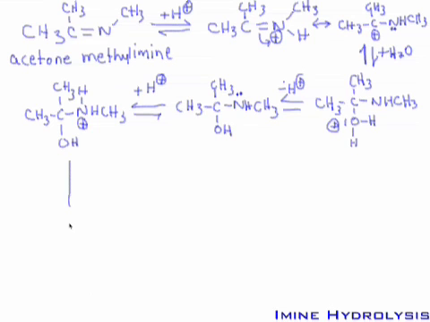Now in acid, this step is not reversible under normal circumstances, but if you have that narrow pH 4 to 5 window, it would be reversible. And we discussed that in that narrow window, NH2 can react.